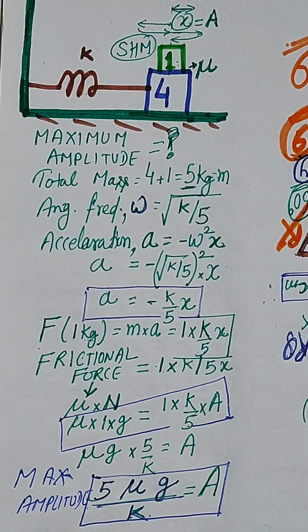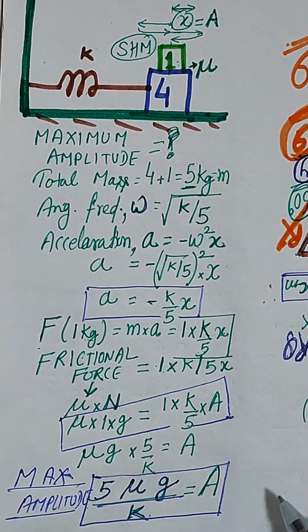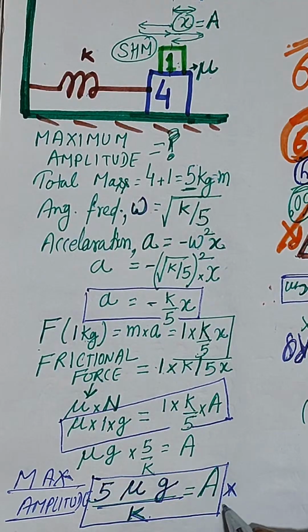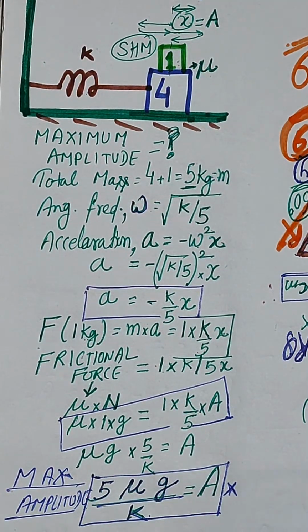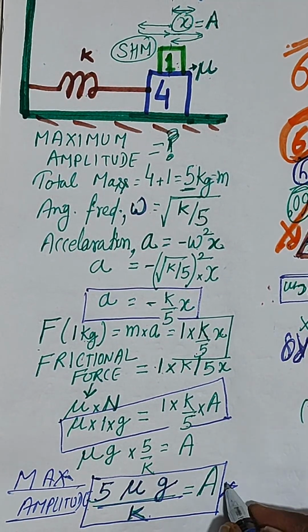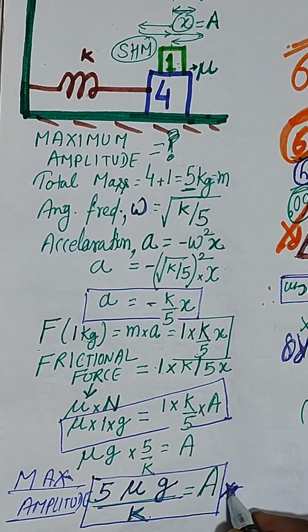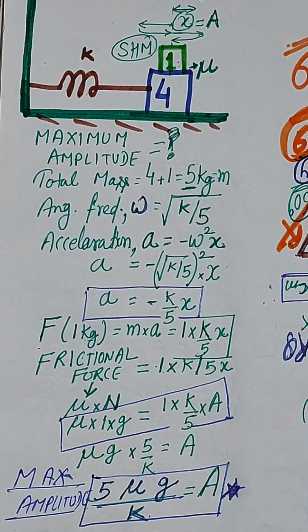Maximum amplitude is 5 times mu g by k. And this is our answer, students.